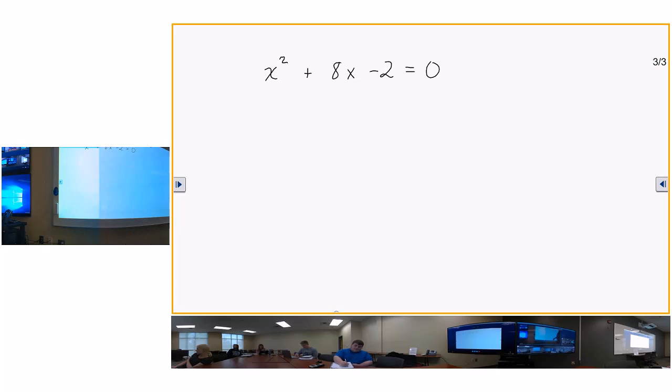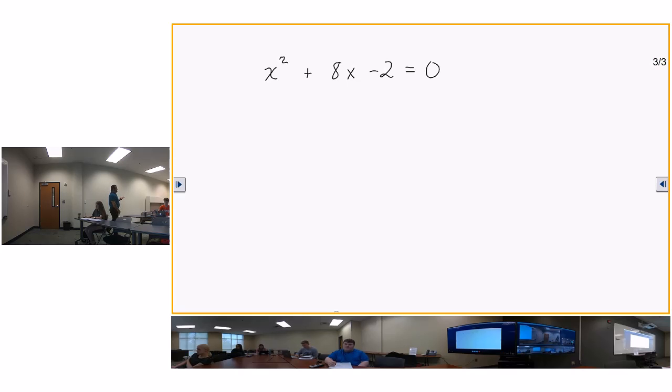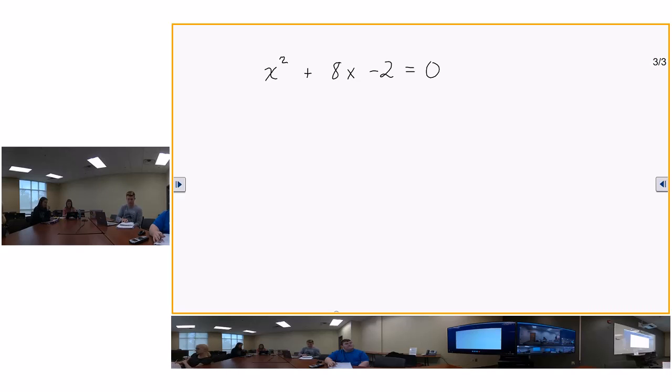All right, I want you to complete the square. Give me the vertex, give me the y-intercept. I'll give you the y-intercept, it's negative 2. All right, the y-intercept, the x-intercepts, as well as the vertex. I want you to sketch the graph, and I want you to tell me the domain and the range of this graph. You do it.